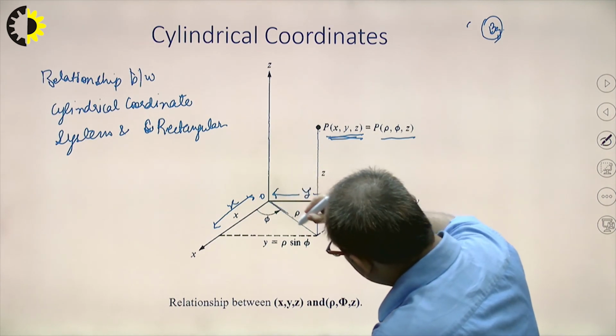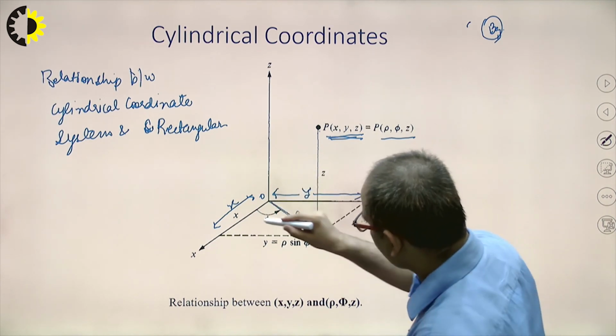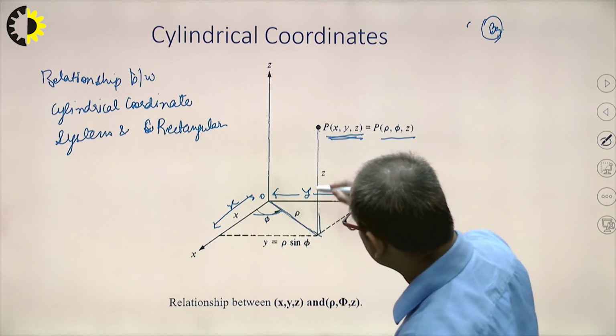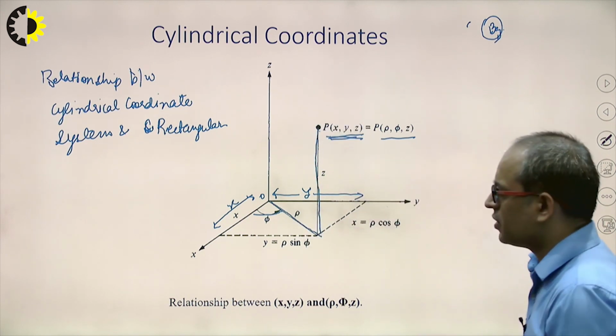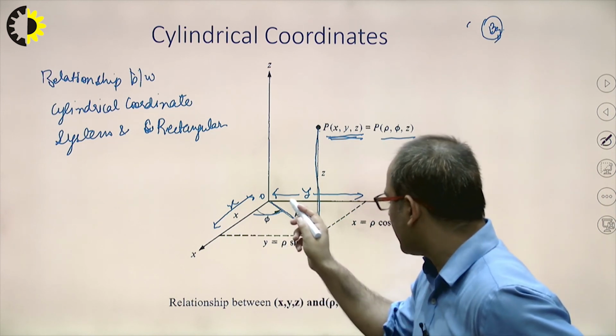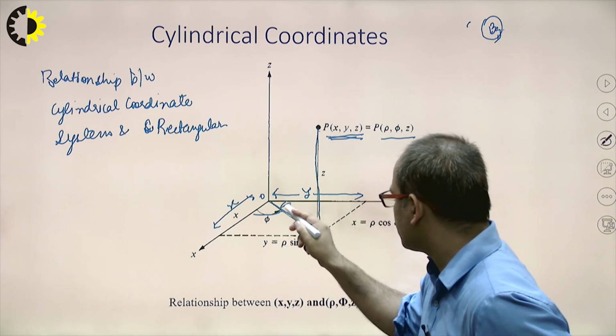I will take a radial direction, that is rho, then this one is phi, and I will reach this point.